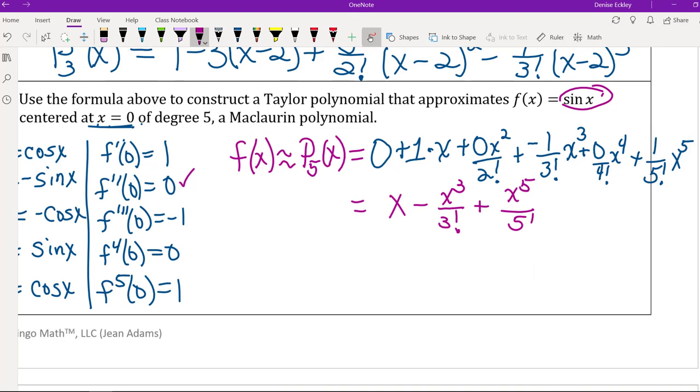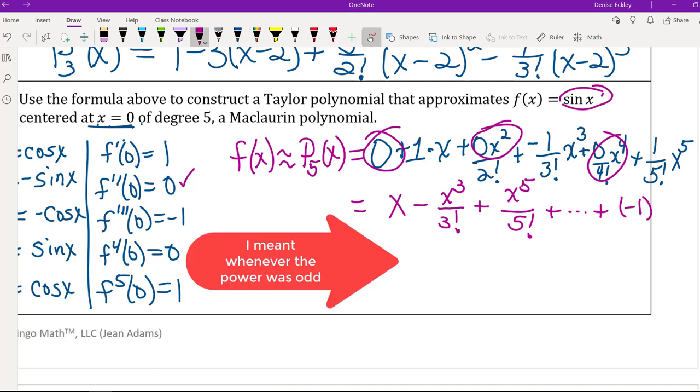over 5 factorial. So if you see here, the even powers, even the 0, they disappear. So I can actually write a general term here if I wanted to, and we're going to talk more about that in a little bit. If you see, I have an alternating series here. So it's going to be a negative 1, and it happens on odd powers.